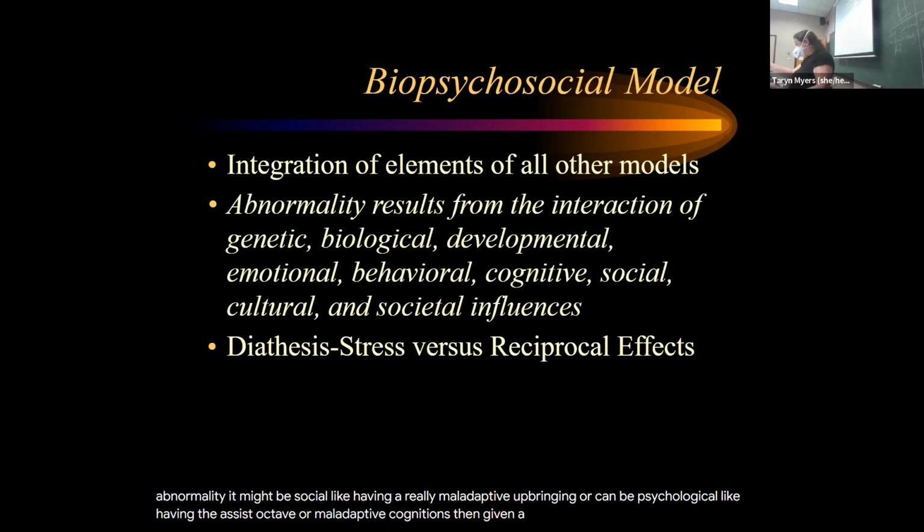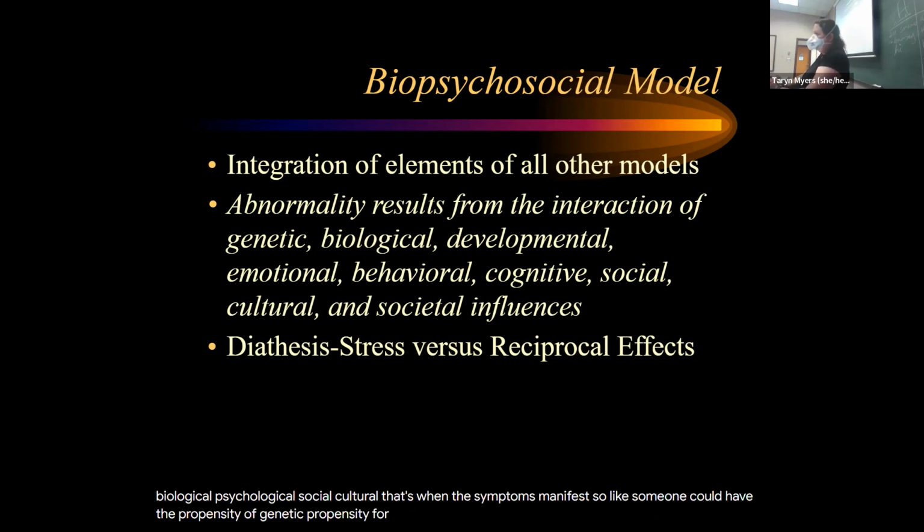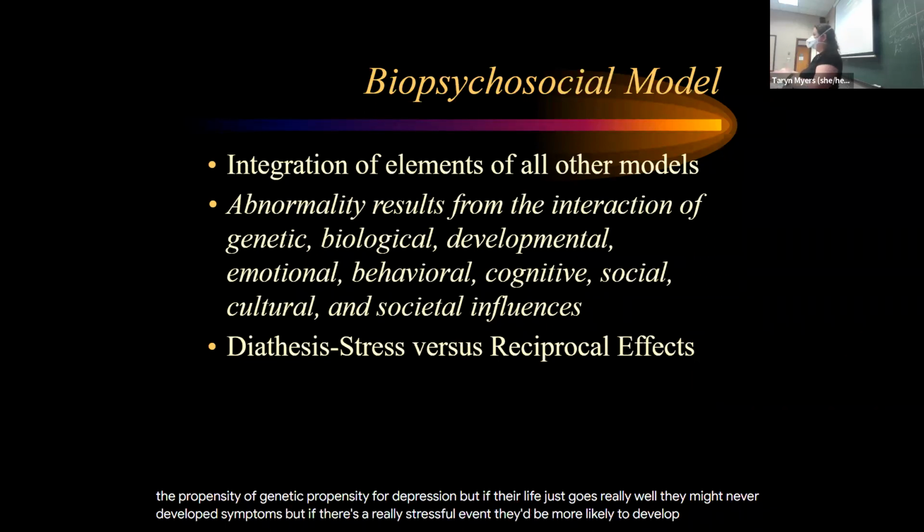Then, given a stress trigger, which again can be biological, psychological, social, or cultural, that's when the symptoms manifest. So someone could have a genetic propensity for depression, but if their life goes really well, they might never develop symptoms.